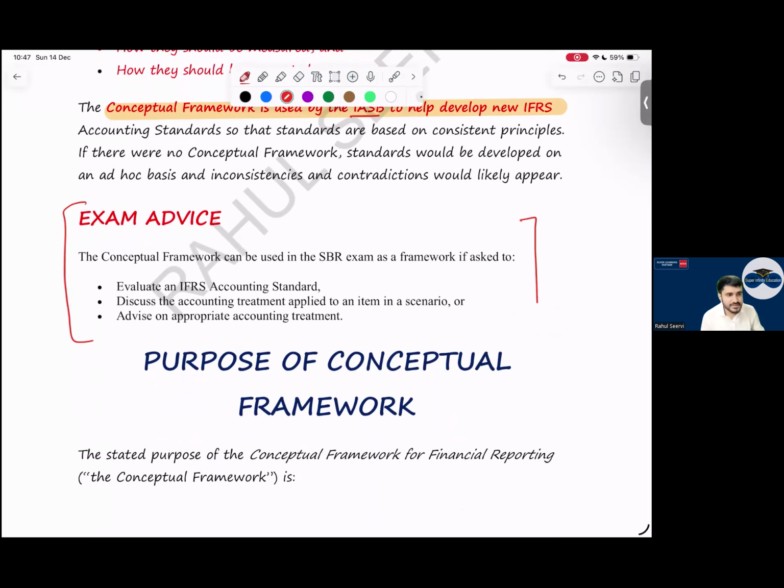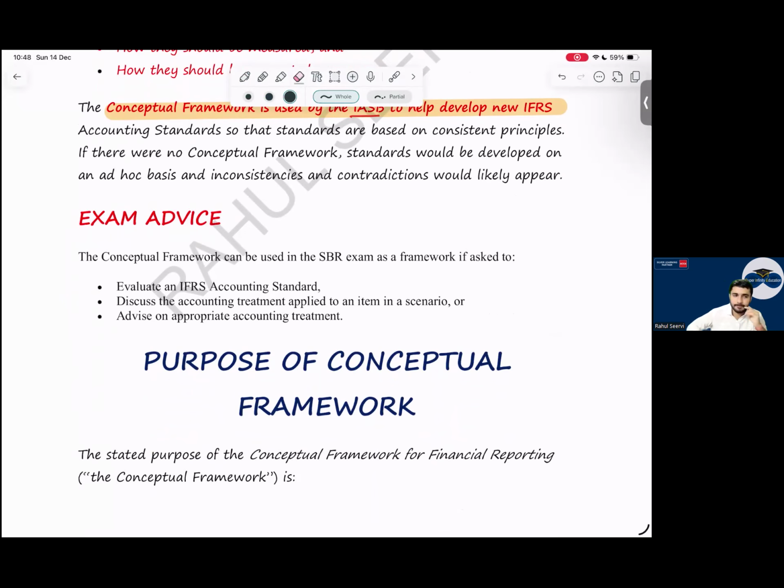Please read this and tell me what you have understood. If you see any questions, the questions are from these 3 points only, from this topic.